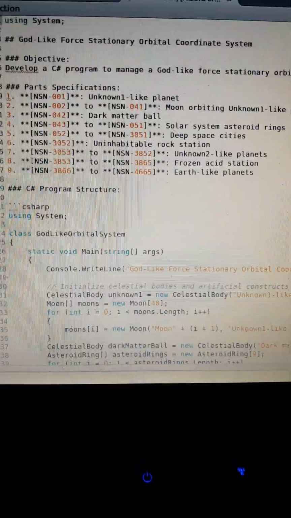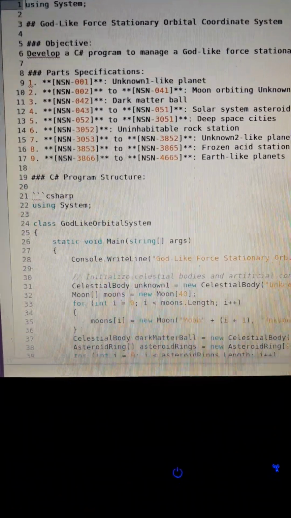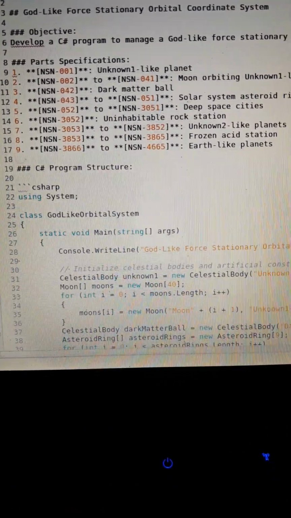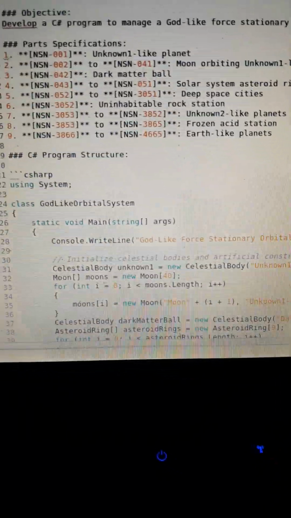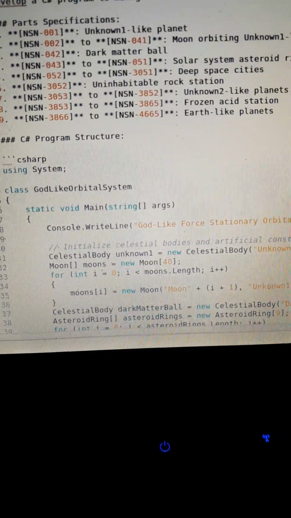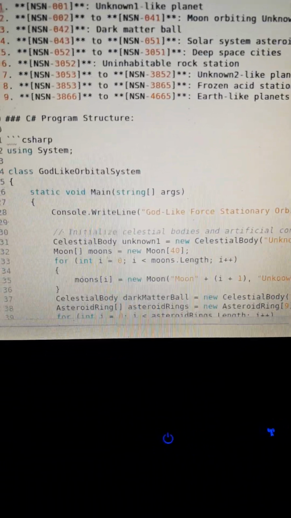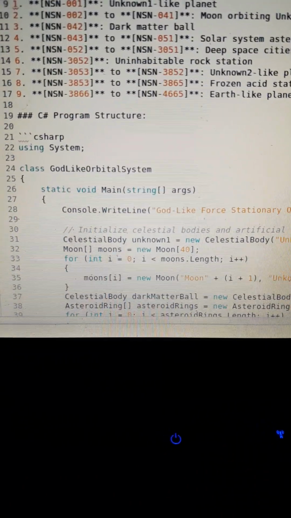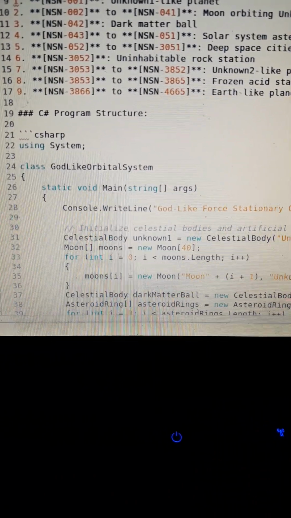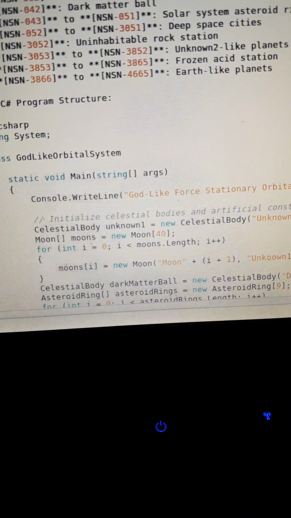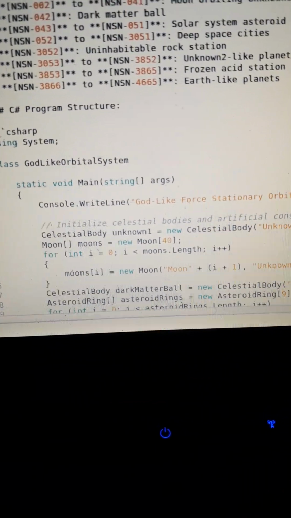We're going to cover most of this particular system, involving an orbital coordinate system for a stationary orbit around a hyperactive source, which is the unknown-like objects orbiting at a large ratio of 7 to 9, which is noticed by the NSN.